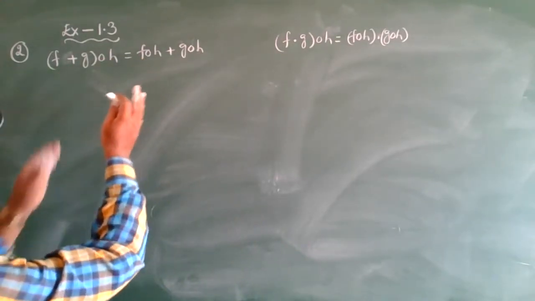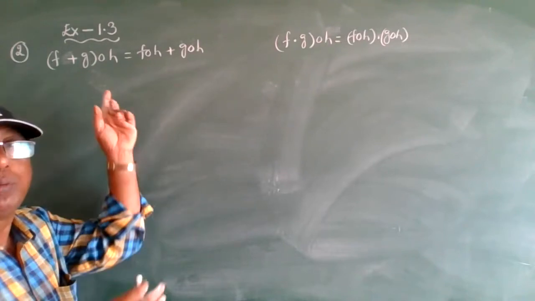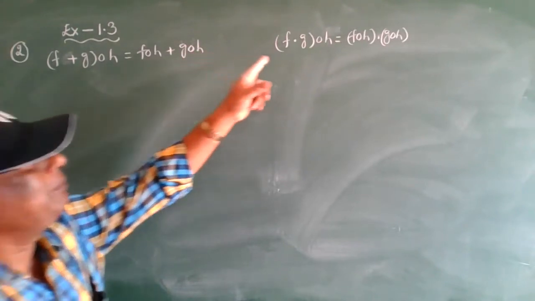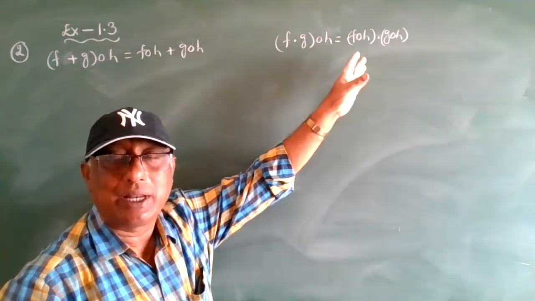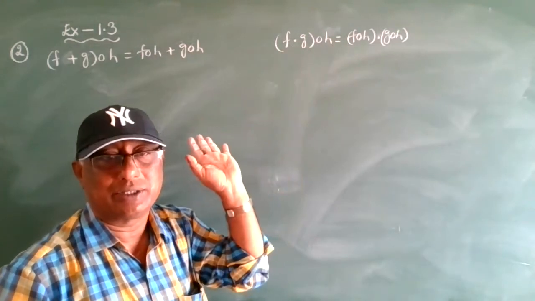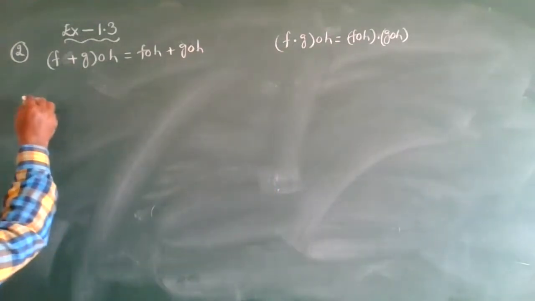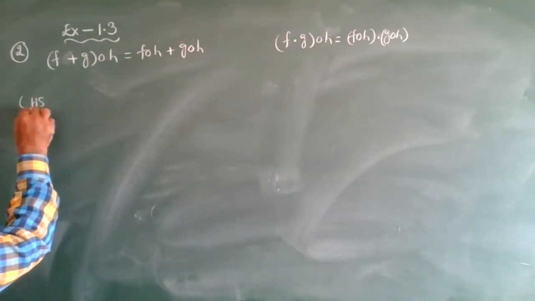Addition means it separates as two parts of addition. Multiplication means it will separate as two parts of multiplication. Okay? Right. So first I will take LHS.